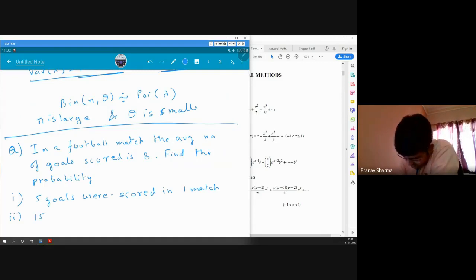Second, 15 goals were scored in 3 matches.